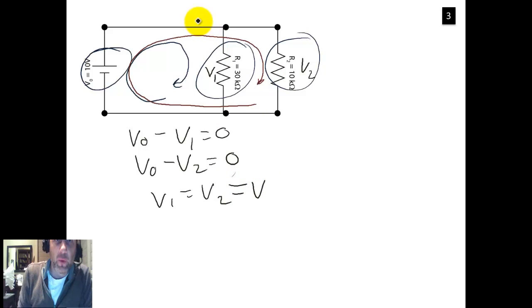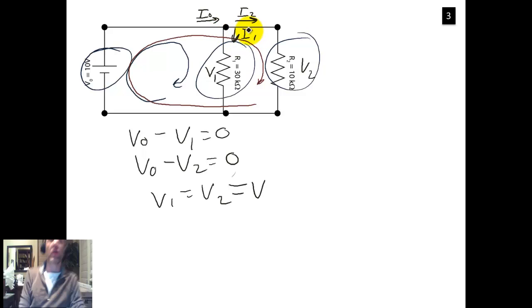But we do have an issue up here where we've got, let's call that I0, and then we have I2 going through the second resistor, and then we have I1 going through the first resistor. Well, we can go back to Ohm's law, so we know V equals IR. For the first resistor, we know V, which is just this voltage here.